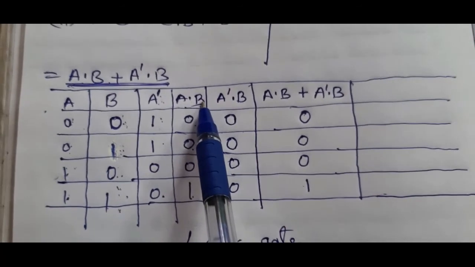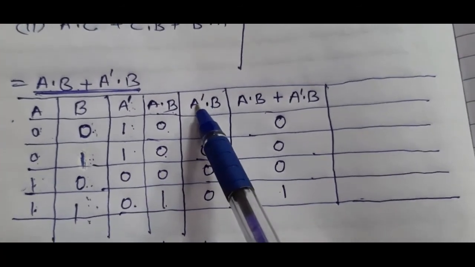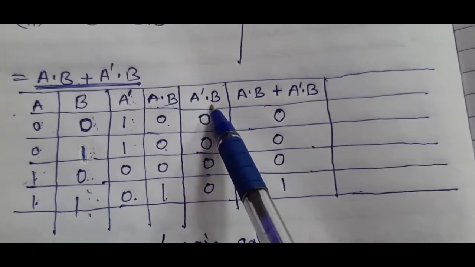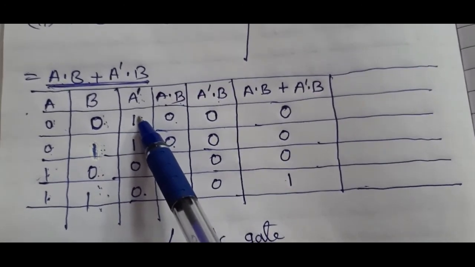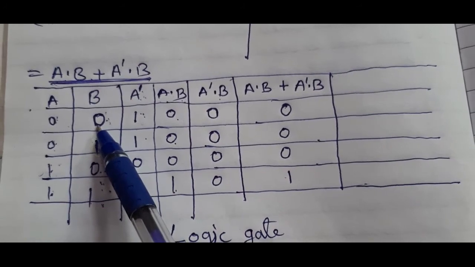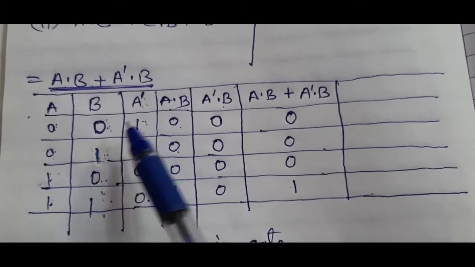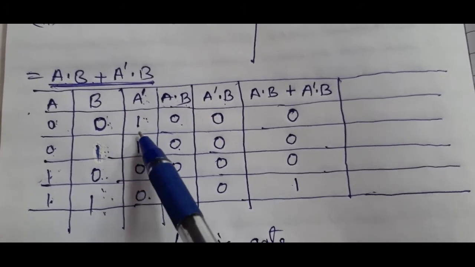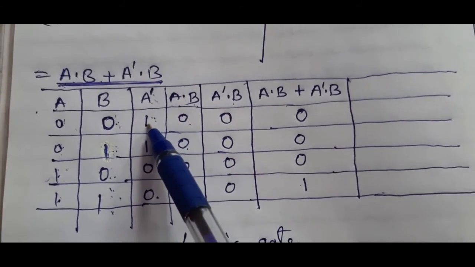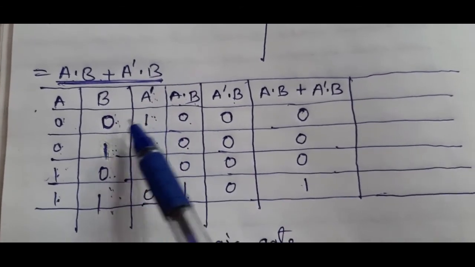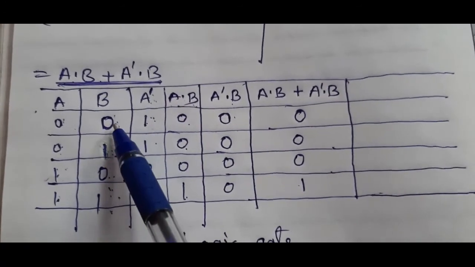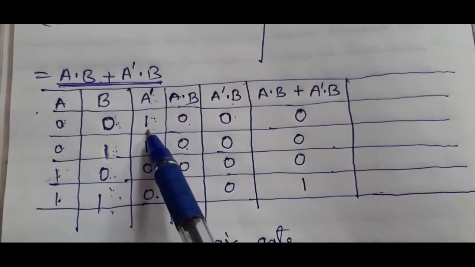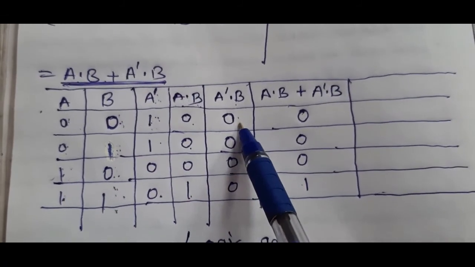After that we need the complement of A and B. It needs the same condition: if both are positive, the output will be positive. You can see here both are not positive, so output is negative.